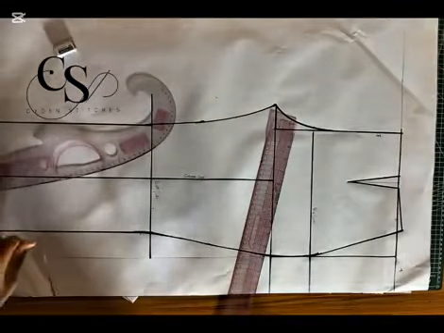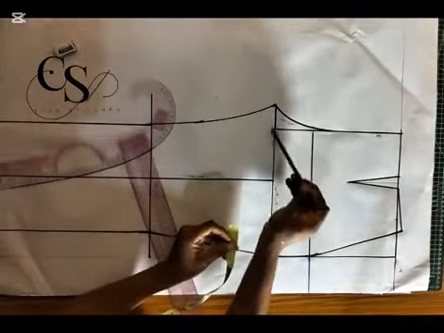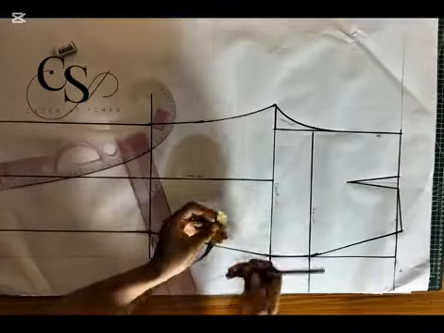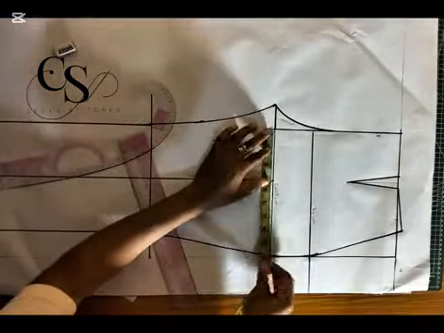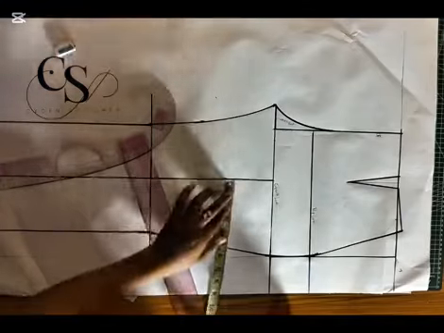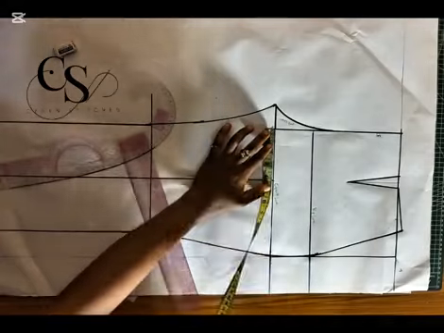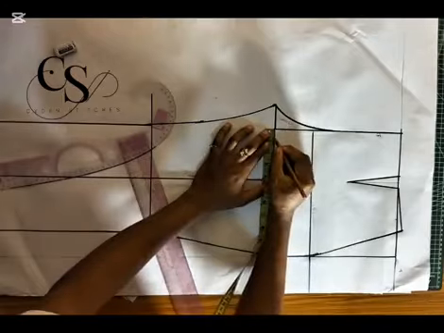For the back, on the crotch line, from this box that we created, you go in by 1 inch. From hip circumference 40 and above, you go in by 1, but for hip circumference less than 40 inches, you do 0.75.